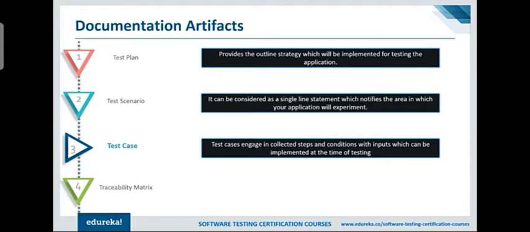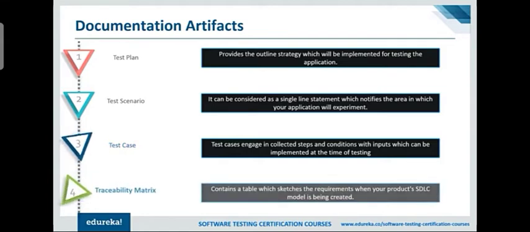So these are the columns which are necessary for a test case: your test case ID, your test case, its description, the steps that you take for testing a particular software or a particular test case, your expected result, actual output, status, and comment.